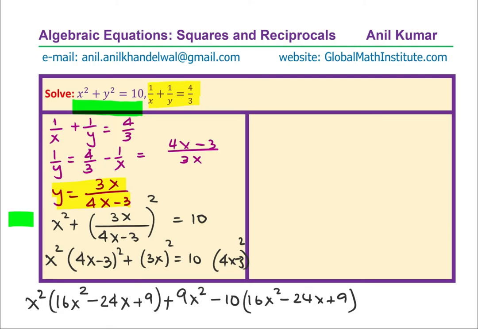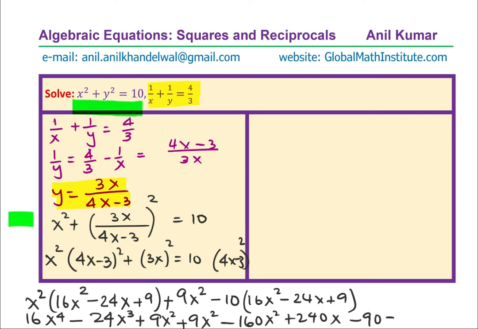So we get 16x to the power of 4 minus 24x cubed plus 9x squared plus 9x squared minus 160x squared plus 240x minus 90 equals 0, right? So that should be equal. So that is what you get.